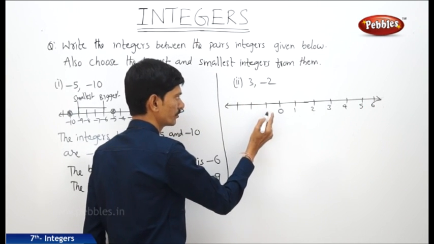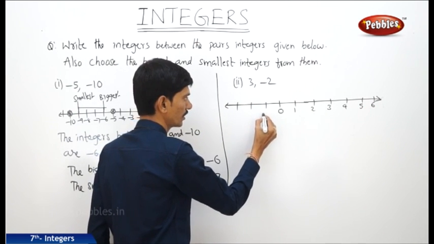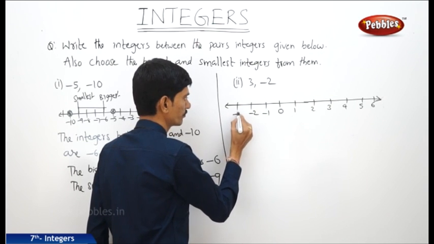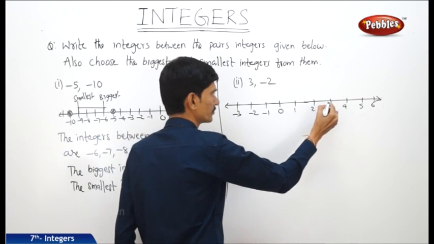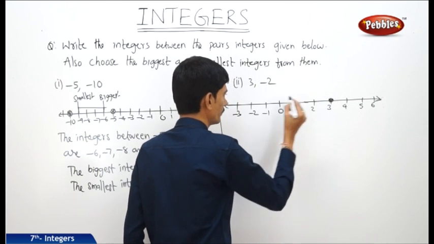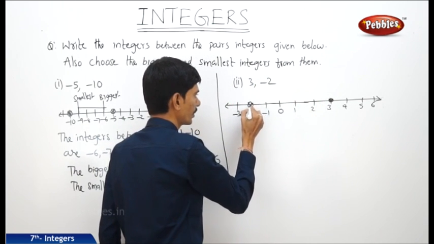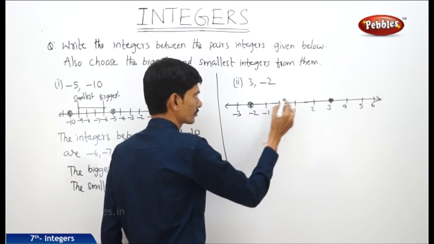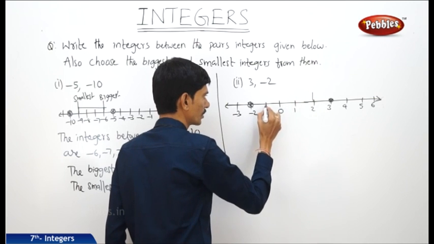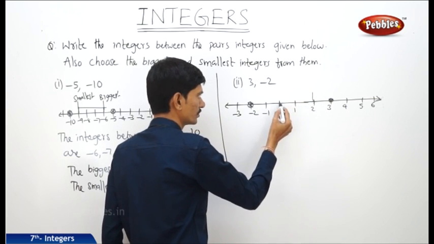To the left of 0 we take the negative integers as -1, -2, -3. Now the given integers are 3 and -2. Now what are the integers between the two integers 3 and -2? So the integers between these two are 2, 1, 0, -1.